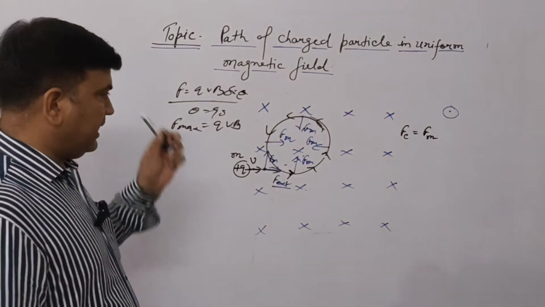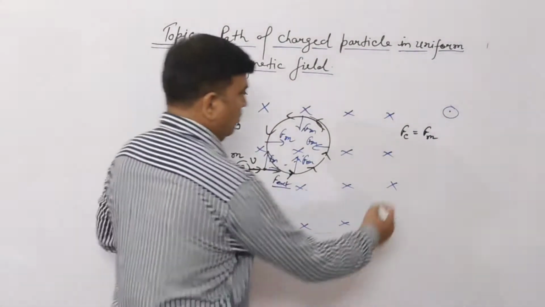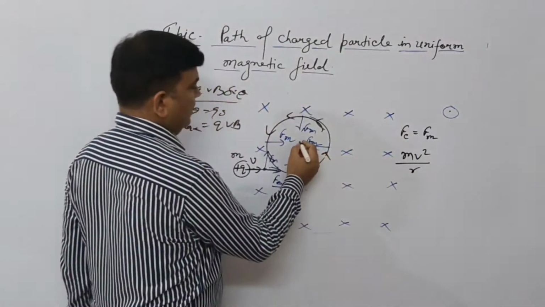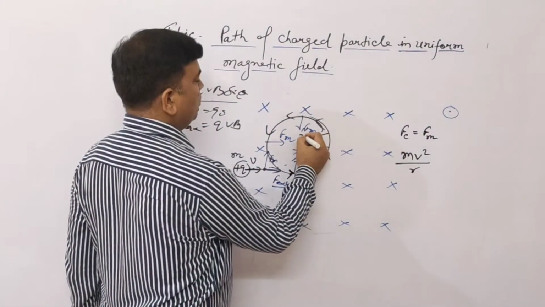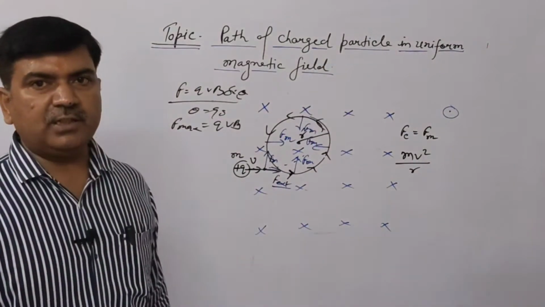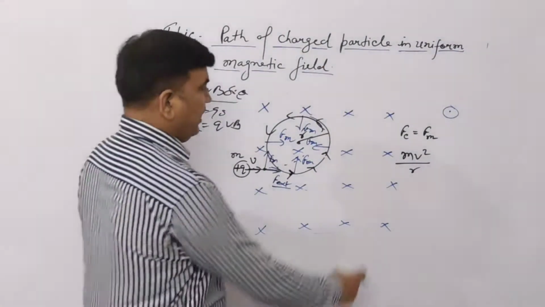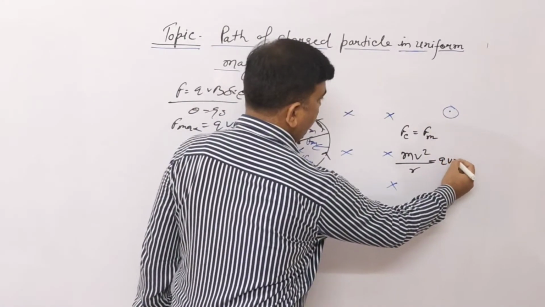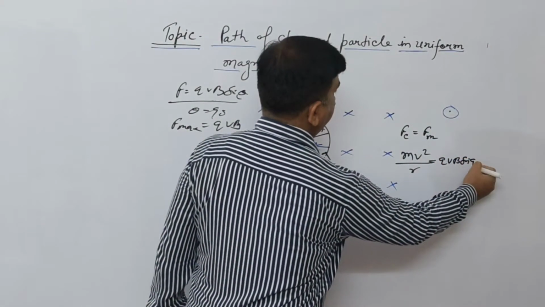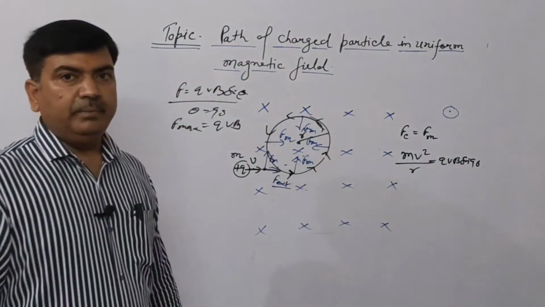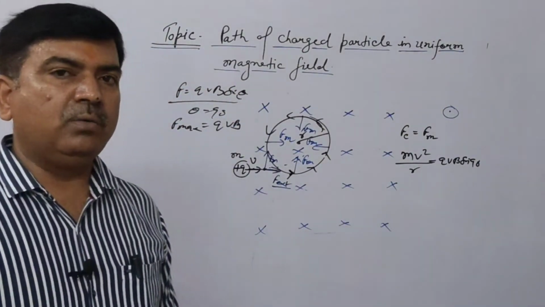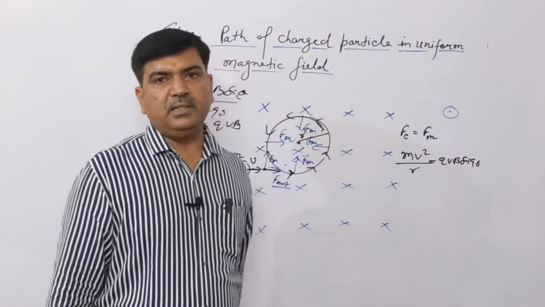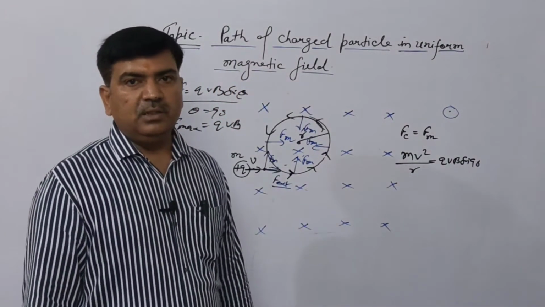And everyone knows the formula of the centripetal force, mv squared by r. What is r? r is the radius of the circular path. So F = mv²/r, and it is equal to qvB sin 90, because the charged particle enters perpendicular to the direction of the magnetic field, so in the formula qvB sin theta, theta is 90 degrees.